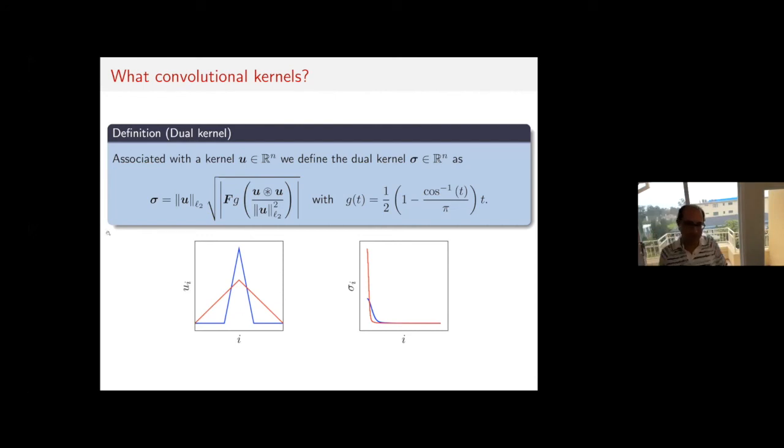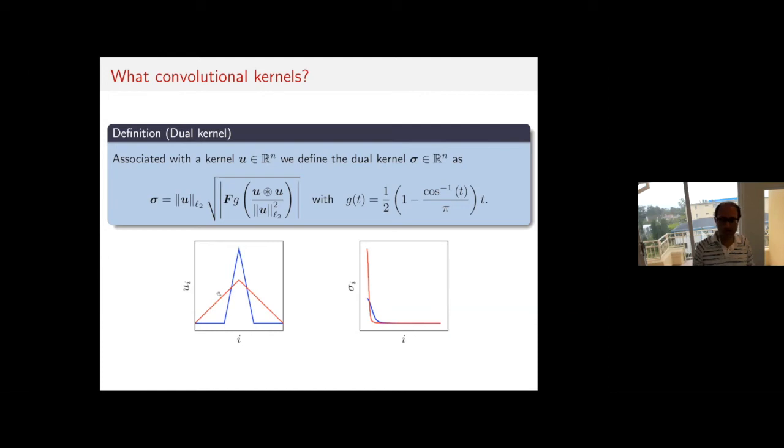Essentially, for any kernel there is some dual kernel associated with it. The key property that is going to be very important for us is that this dual kernel should die out very quickly. For a typical kernel, like the simple upsampling convolutional kernel that we use and that is also commonly used in this kind of setting, you can definitely see that this holds.